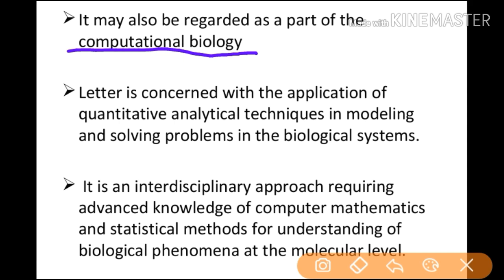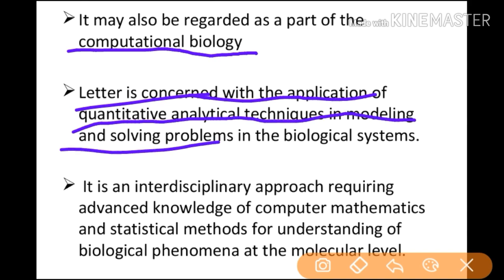Later, after some time of its foundation, it became concerned with the application of quantitative analytical techniques in modeling and solving data type problems in biological systems.